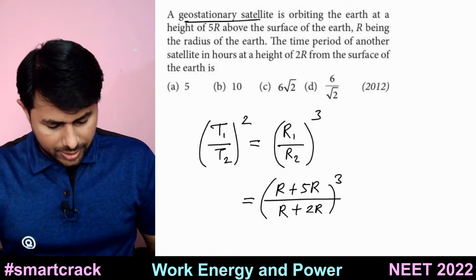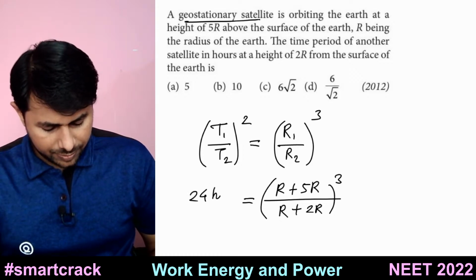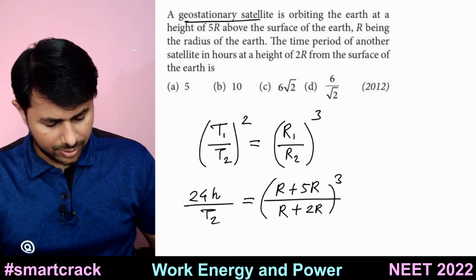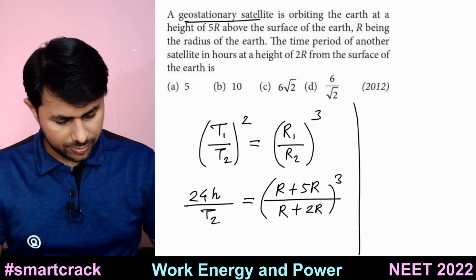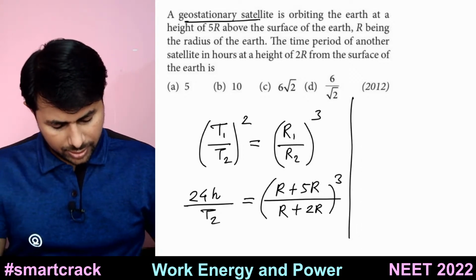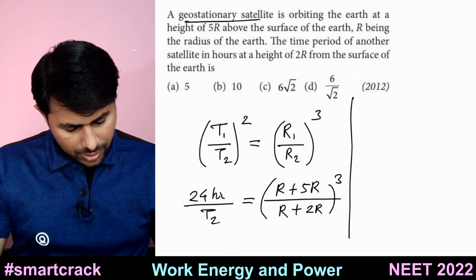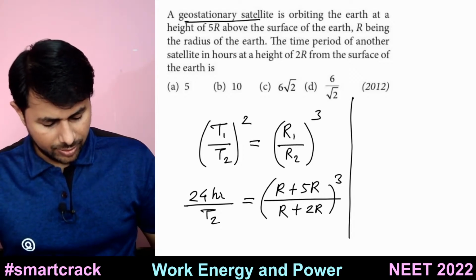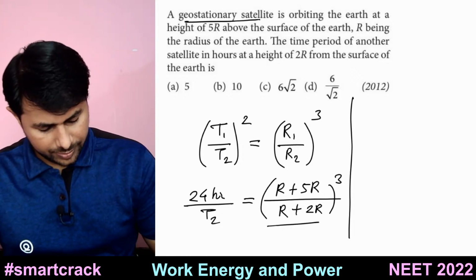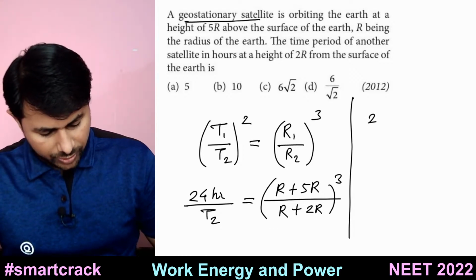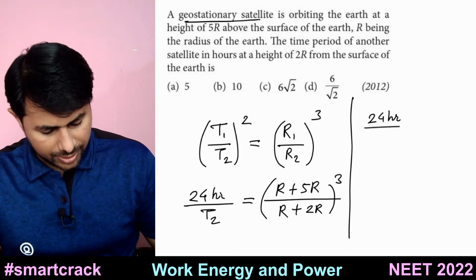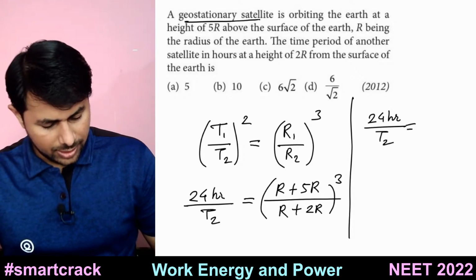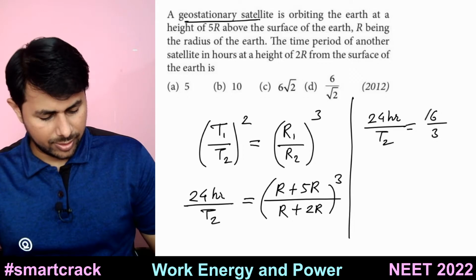This is 24 hours divided by T2, and we want T2. Here 5r plus r is 6r, and in the denominator we have 3r. So 24 hours divided by T2 equals 6 upon 3.